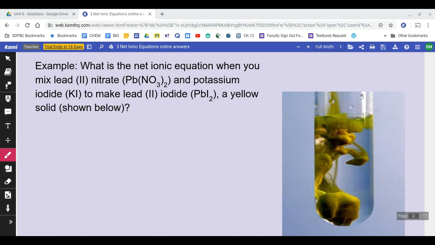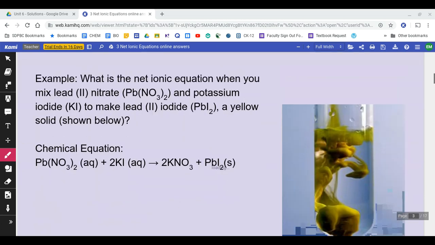You can see the yellow, that's the precipitate, or the solid that's made when you mix these two aqueous solutions. Keep in mind what we're doing is taking two substances in water, aqueous solutions, mixing them together, and we will get a solid precipitate. In this case, it's yellow lead 2 iodide.